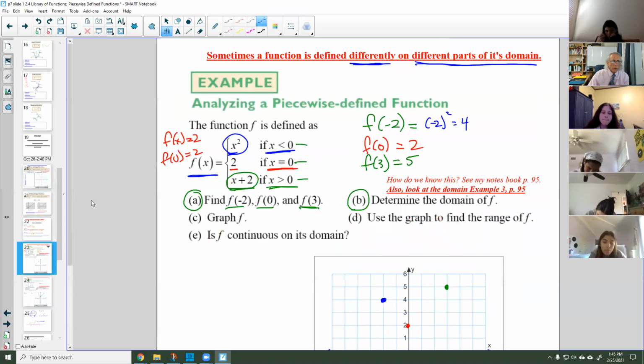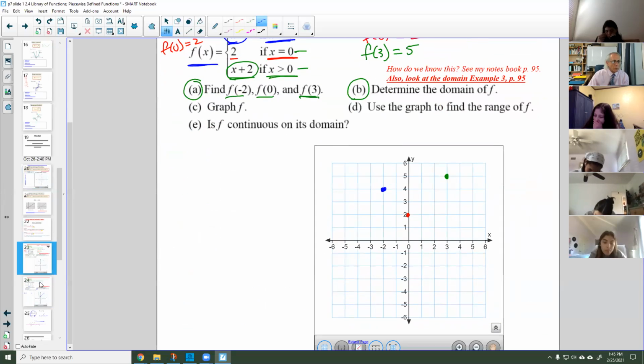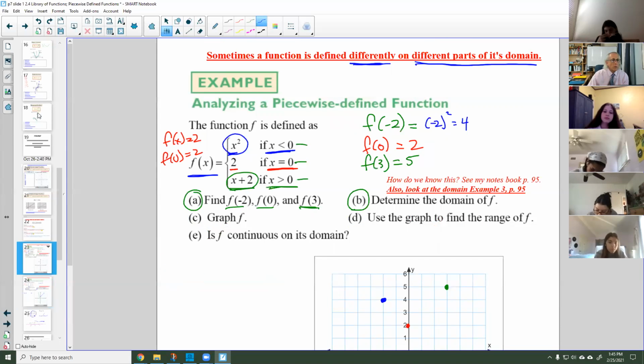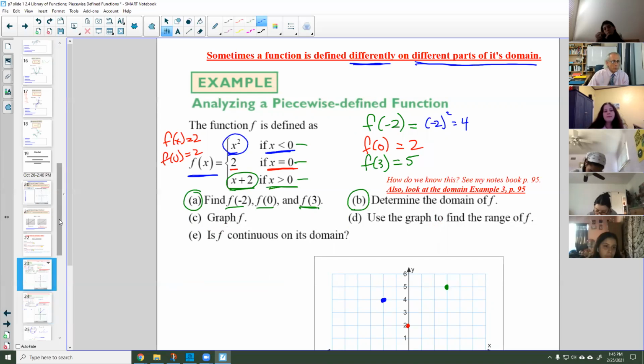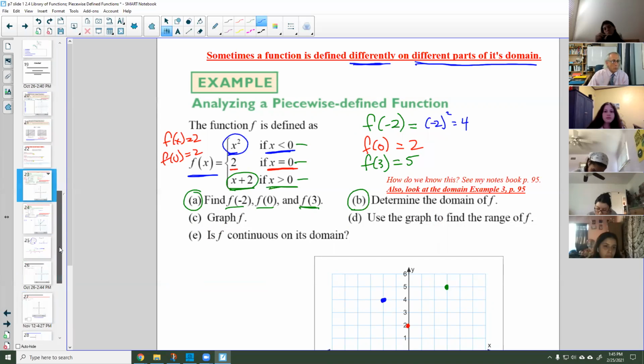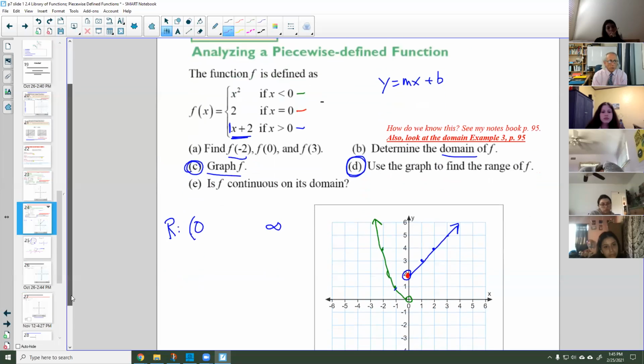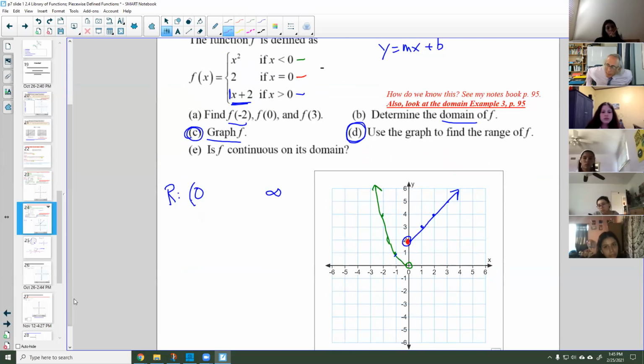Oh, here it is right here. When we were doing the domain with the number line, if we had a gap like this right here, we had to fill that in with a union sign because it's not part of the domain.